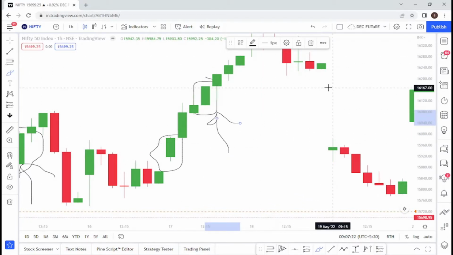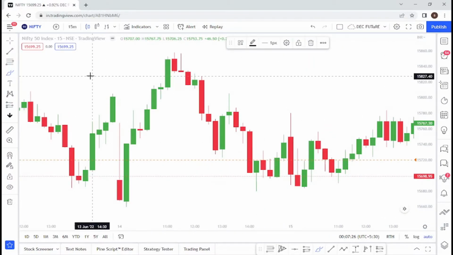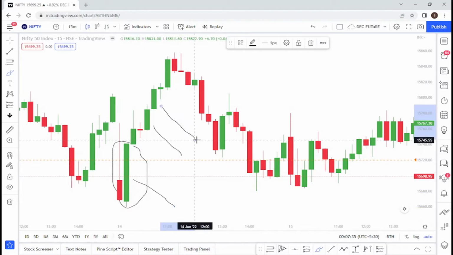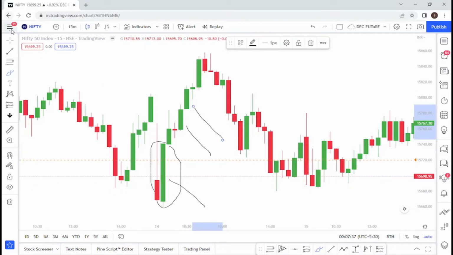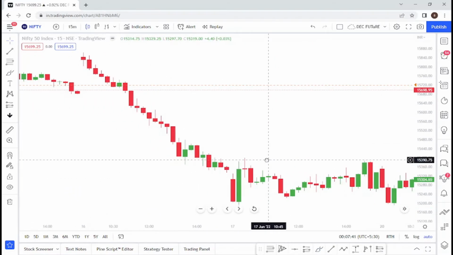All right. So we'll also have a look at the 15 minute and then the 1 minute time frame as well. Now here in front of me, if you can see this particular candle, the green candle is called a green Marabozu, indicating there is a lot of buying activity at that point of time. Here also we have one.